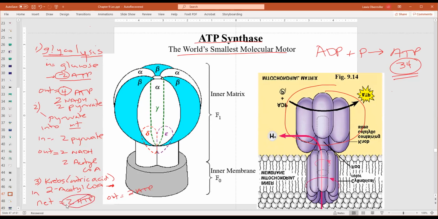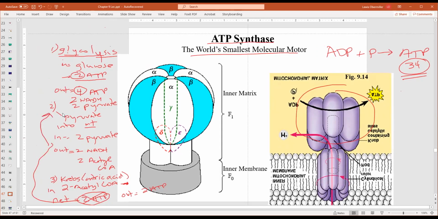These ATP we have to use for step 2 here. So we get 2 ATP out of the Krebs, and then we get 2 FADH2, which is the electron carrier.